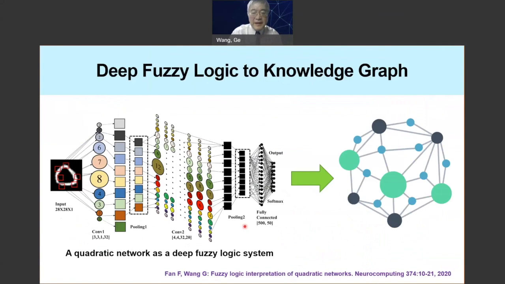To be really a human-friendly rule-based system, we should further compress or transform a deep fuzzy logic system into a knowledge graph. This idea could be a way to link connectionism and symbolism, data-driven and rule-based systems together. If so, this approach could offer greater interpretability of deep tomographic reconstruction.